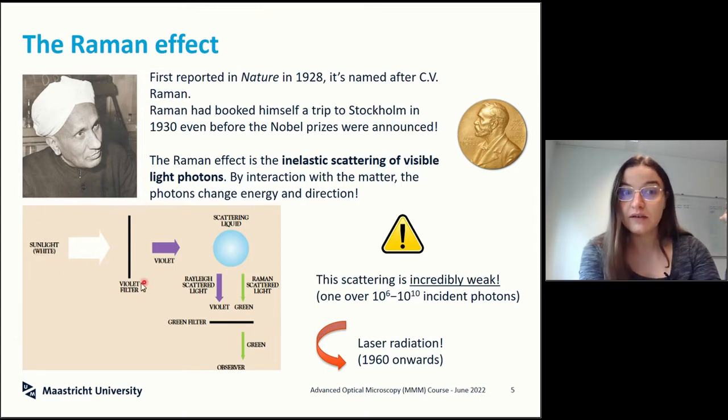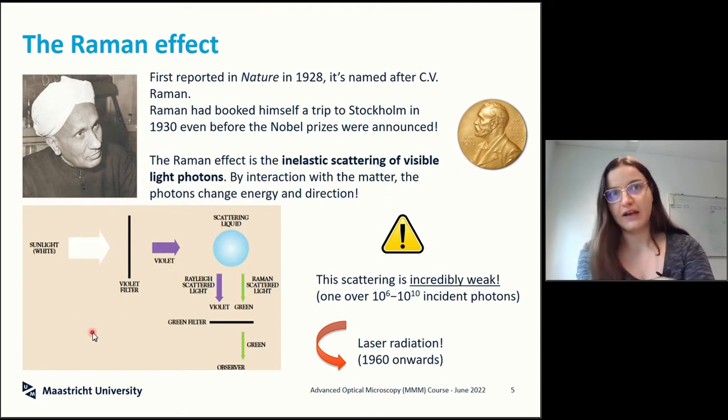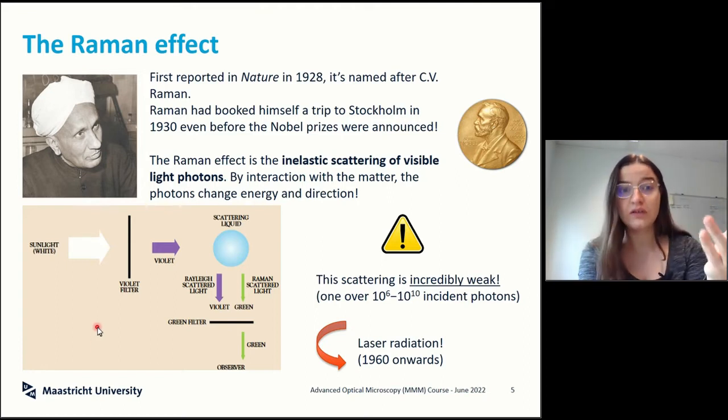So, for instance, the fundamental experiment that led to the discovery of Raman was the fact that you could use sunlight, which is inherently a white light, a series of possible wavelengths, filter out every wavelength that was not the violet wavelength, scatter it on a liquid, so make the radiation hit the liquid, and collect anything that came out.